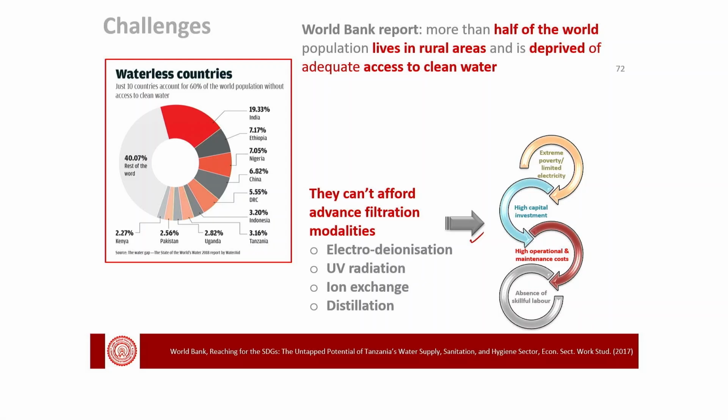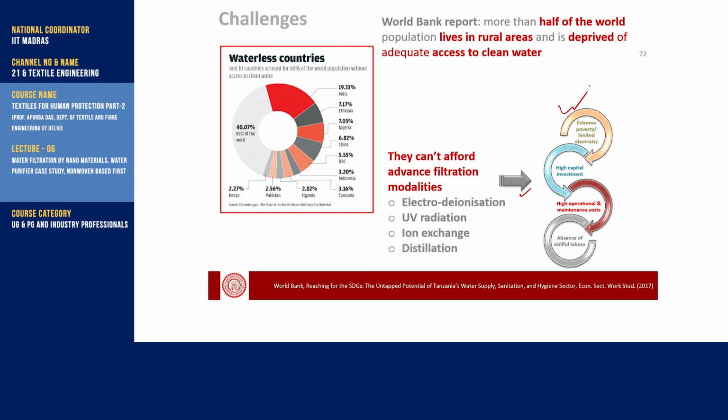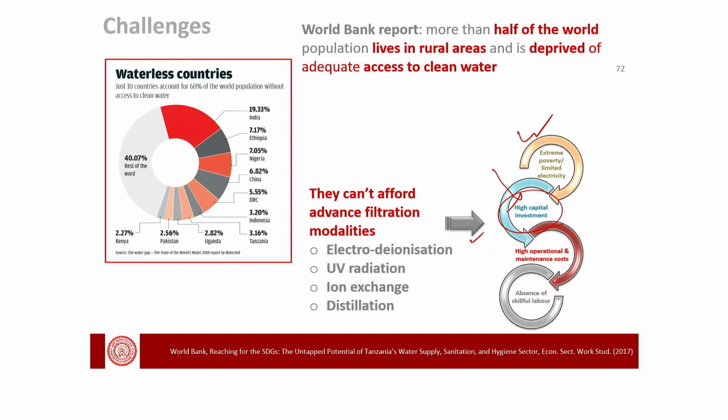So, what do we have to do? We have to develop a filter media which does not require any electricity. It should not be complex, it should be simple, so capital investment should be low and it should be maintenance free.